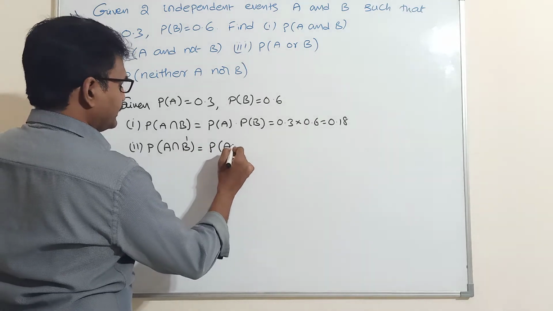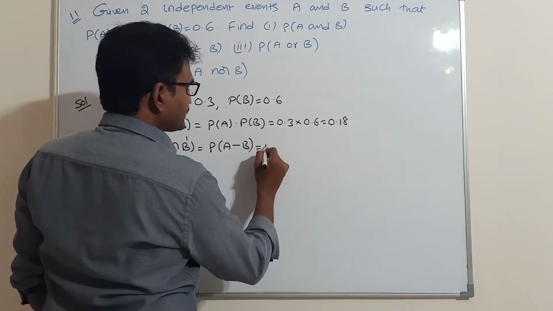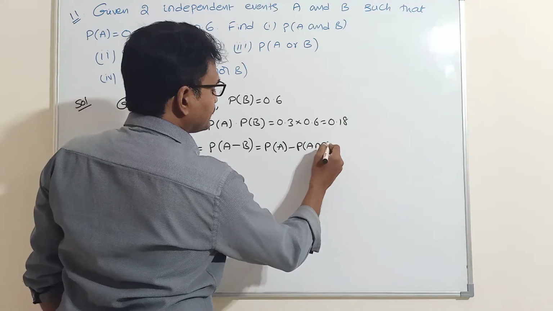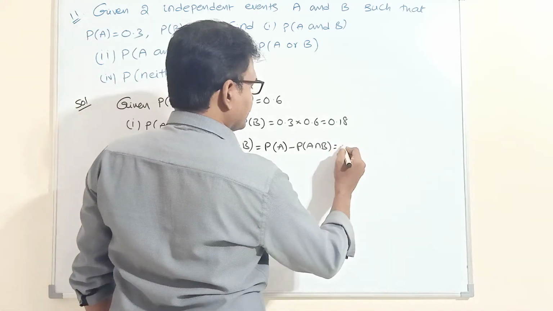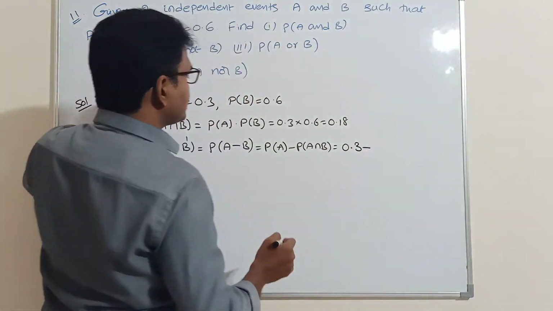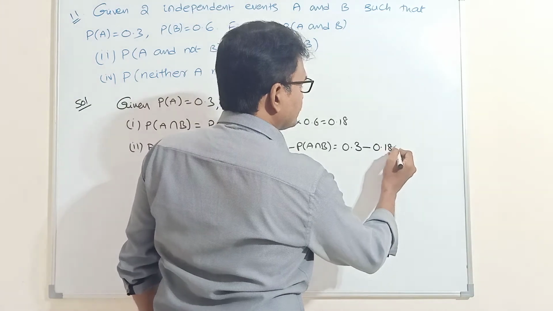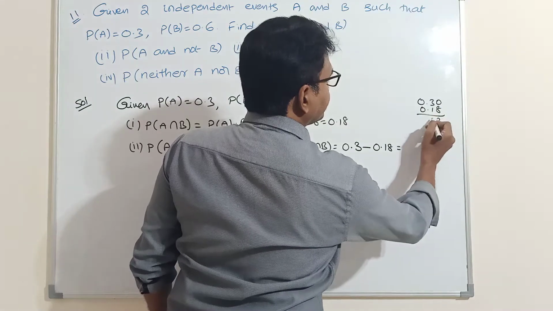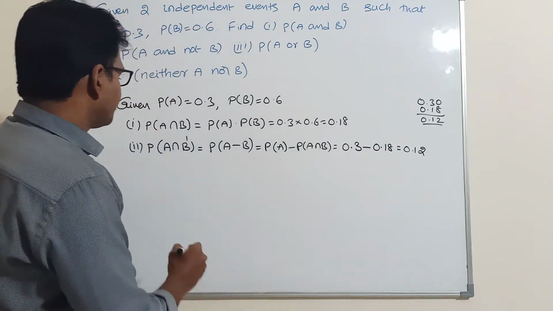P of A intersection B dash is equal to A minus B. P of A minus B means P of A minus P of A intersection B. What is P of A value? 0.3 minus P of A intersection B value, which is 0.18. So 0.3 minus 0.18. Answer is 0.12.